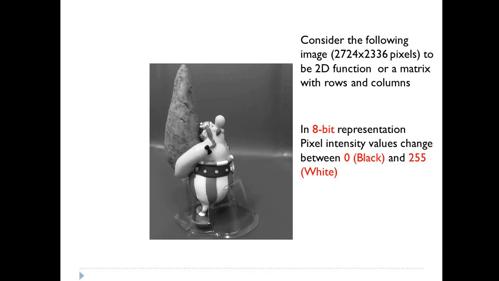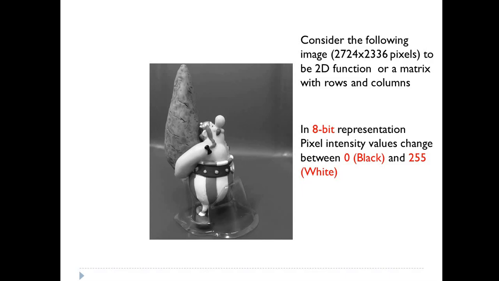Now, let us come to the amplitude level. We are going to process using a digital computer. So, let us go for digital representation. We need to fix the number of bits. Here, let us consider 8 bits.